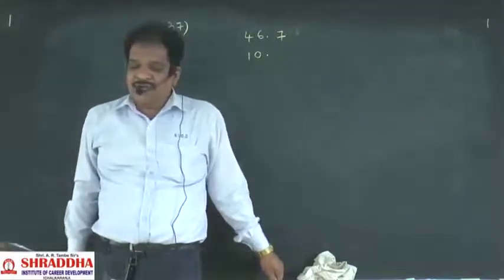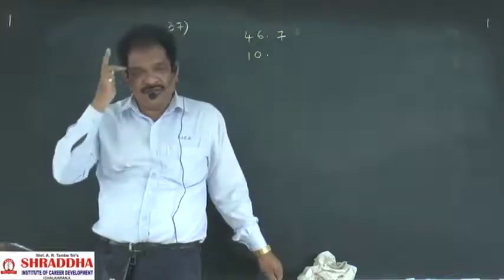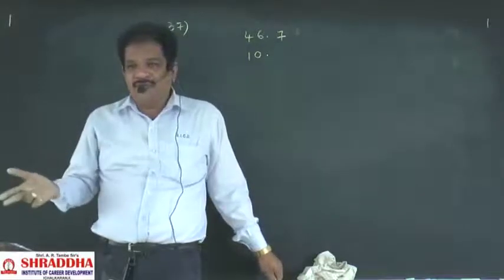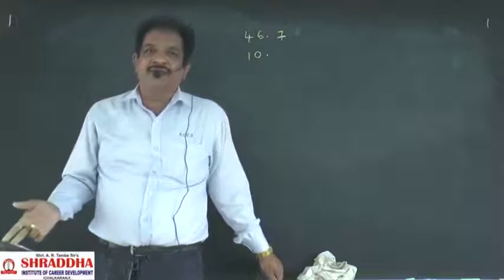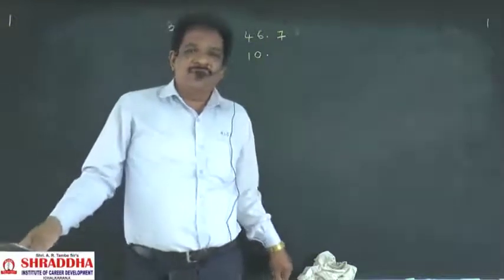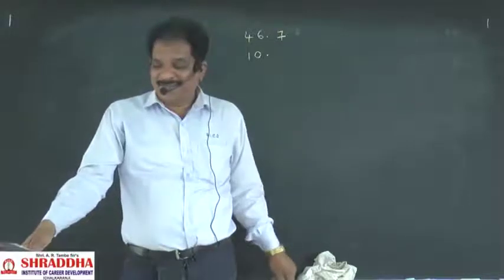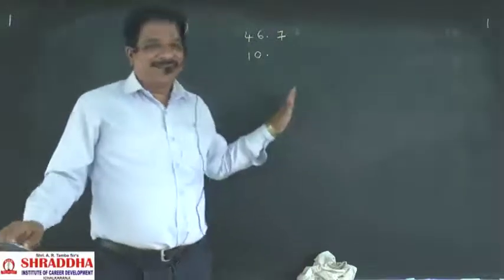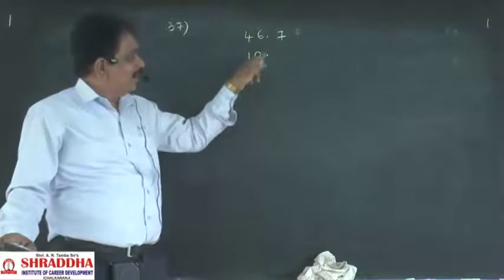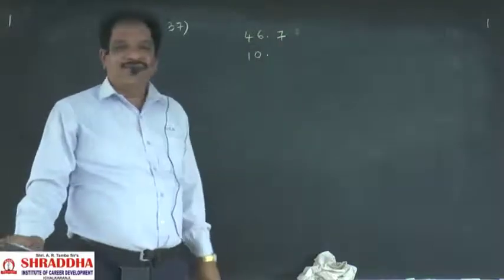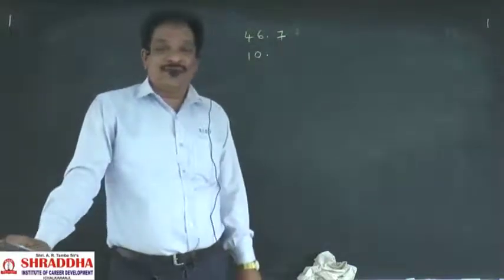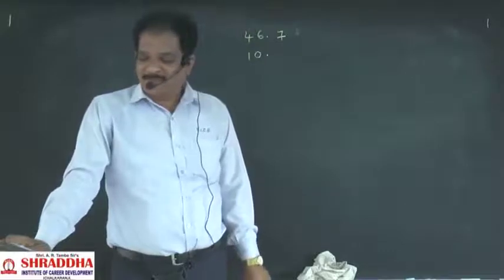If we are not considering significant figures, the question level will be, I think, 3rd or 4th standard, it may come. But according to significant figures, it will come to the 11th standard. Okay?